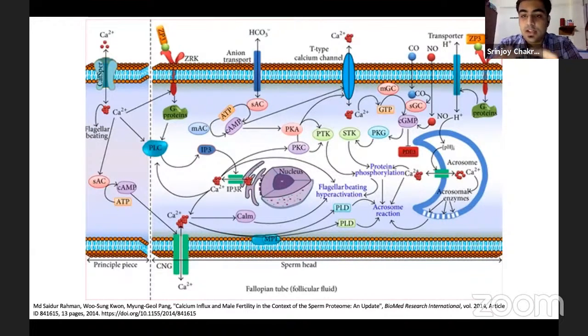There is also a very complex crosstalk between the cell and its microenvironment as the sperm cell is maturing in the epididymis, which is what we will try to decipher in our future studies. But this is the background of how we have come to this conclusion.